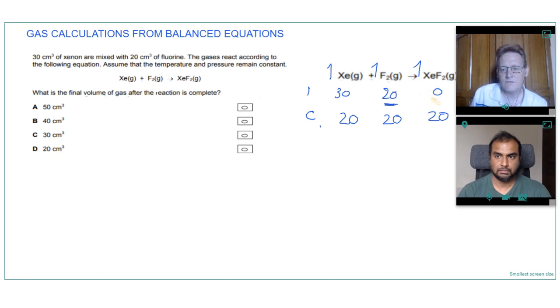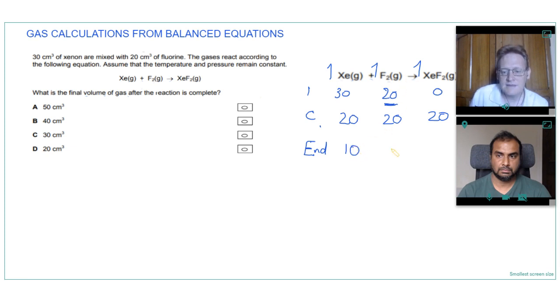of xenon fluoride. So the E usually stands for what we've got left at equilibrium, but this isn't an equilibrium, it's a reaction. So I'll just put here, this is what we've got left at the end of the reaction instead. So you can see if we started with 30 centimeters cubed of xenon, 20 has reacted, we must be left with 10.